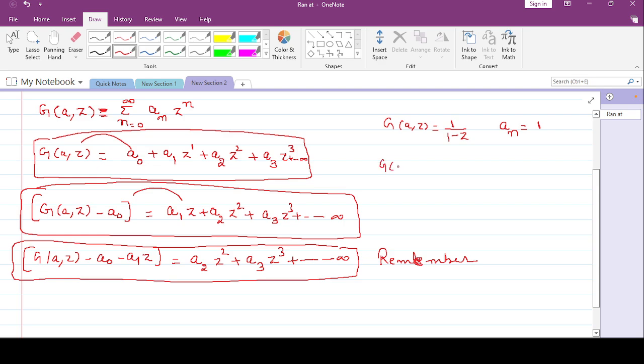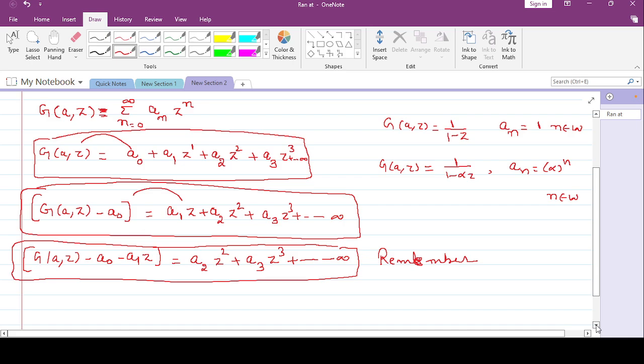And if G(z) is equal to 1 by 1 minus alpha z, then the corresponding sequence for this is alpha raised to the power n. Here n belongs to W, here again n belongs to W. So these results you remember for solving the next type of problems.